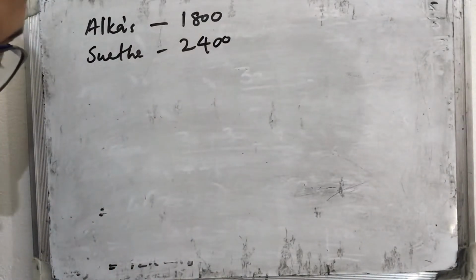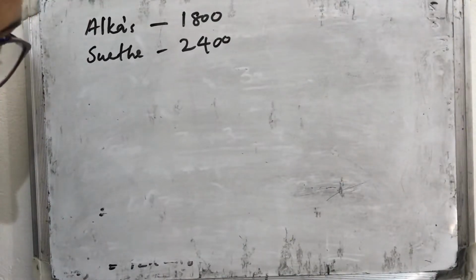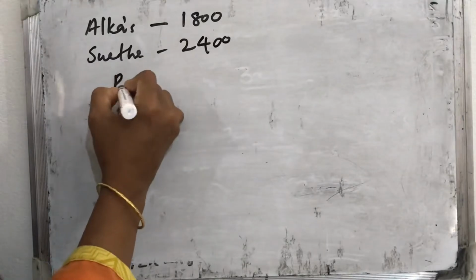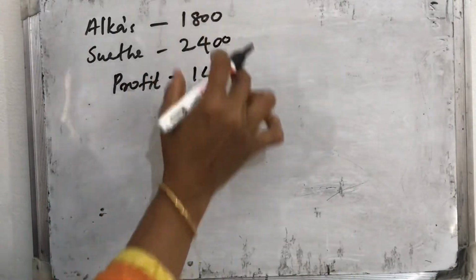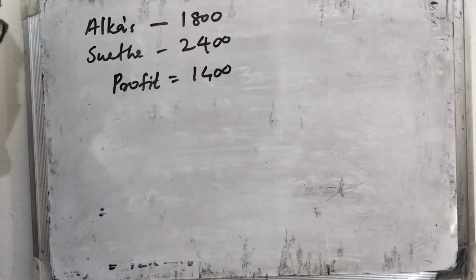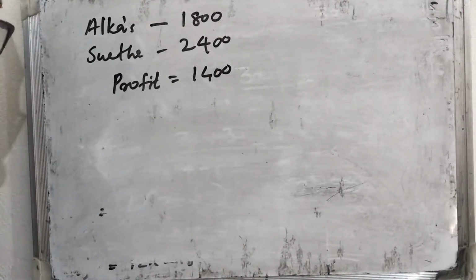Total profit is also given: they made a profit of 1,400. All are in rupees, so you write 1,400 rupees. They decided to divide the profit between them in the ratio of their investment.